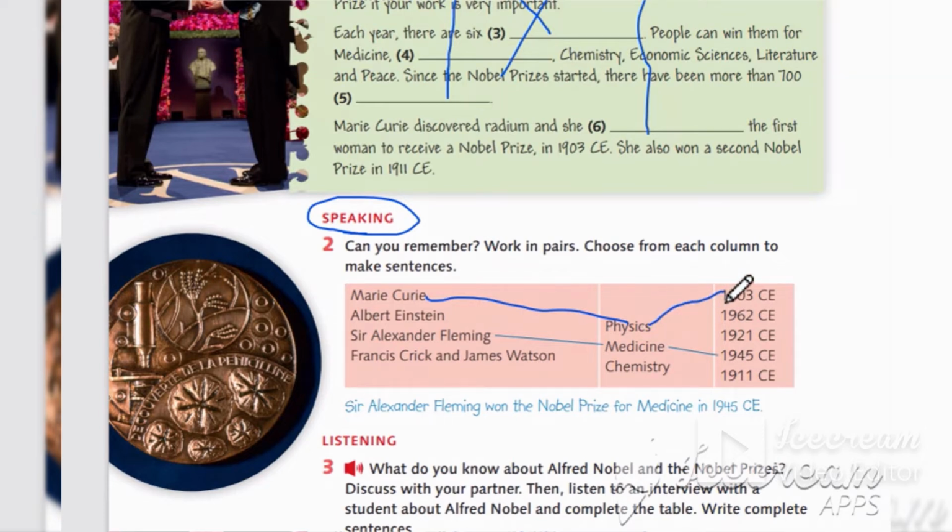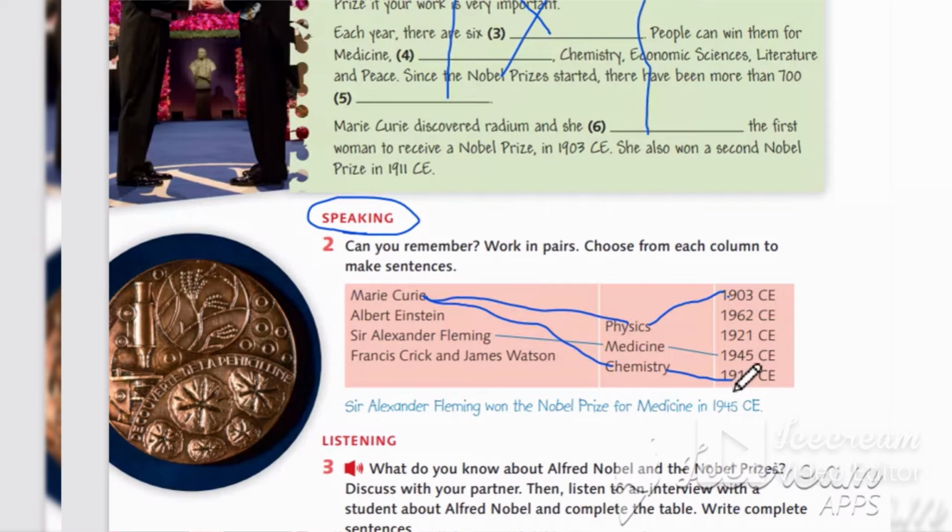And she also won another Nobel Prize. Can you remember? Excellent. She won the other Nobel Prize for chemistry in 1911. So she won the Nobel Prize in chemistry in 1911.